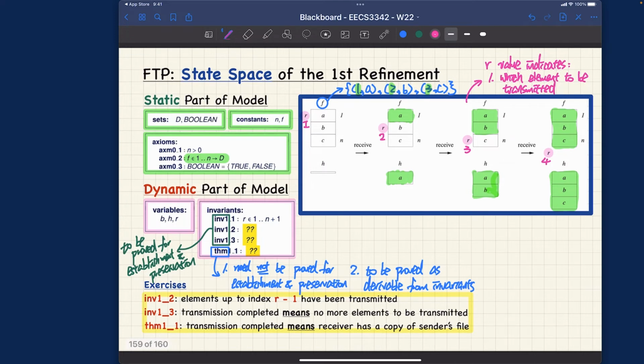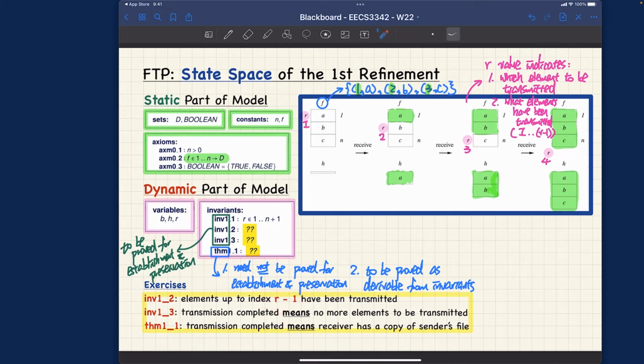And number two, what elements have been transmitted. And for this one here, it's going to be from index 1 all the way to index r minus 1. So this is really where the r minus 1 came from in the hints.